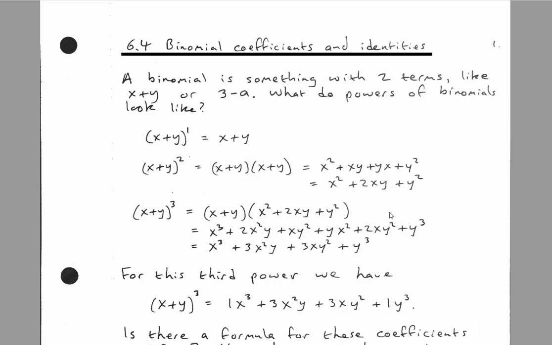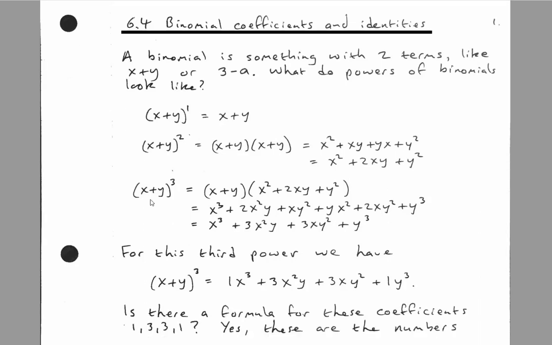So for the third power of this binomial x plus y, we can write it 1x cubed plus 3x squared y plus 3xy squared plus 1y cubed.